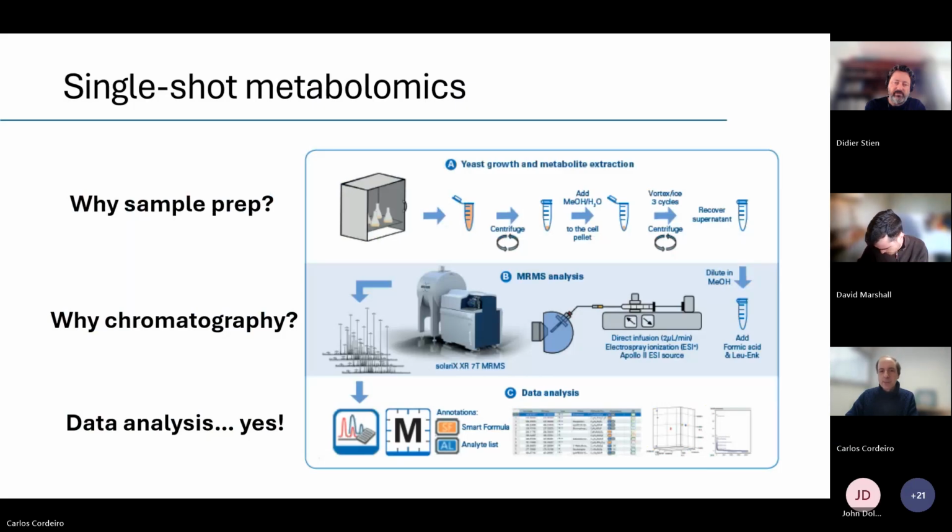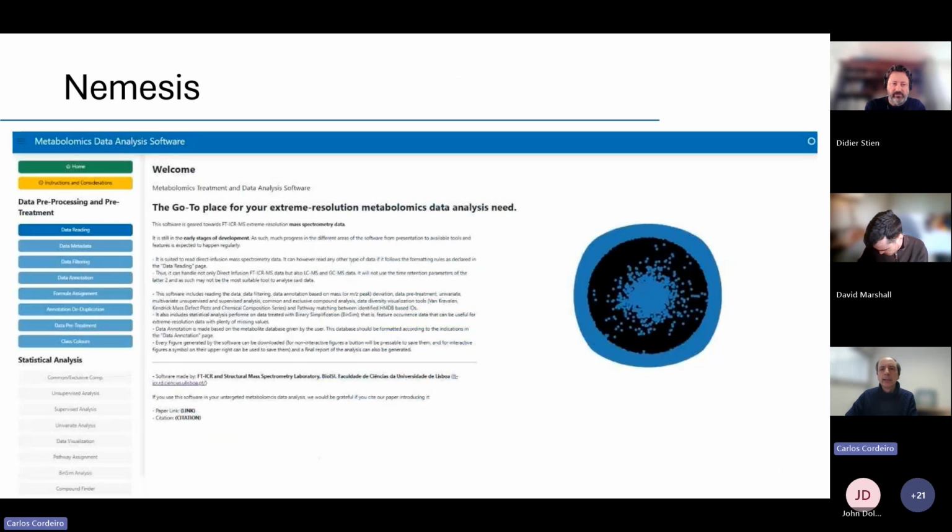Of course, we can use commercial computational tools or freely available ones on the web, but for best results, we have developed a software called Nemesis that implements the entire workflow. So basically, the workflow goes from the transient, that means the raw signal that comes from the mass spectrometer that needs to be Fourier transformed, apodized, and so on, to the full analysis, including several types of network analysis.